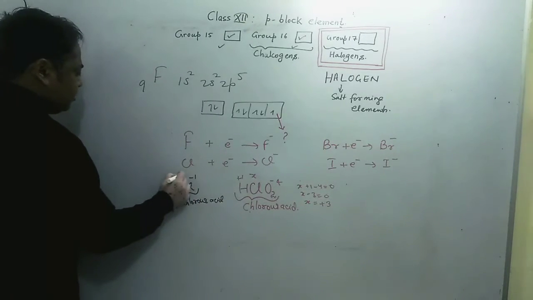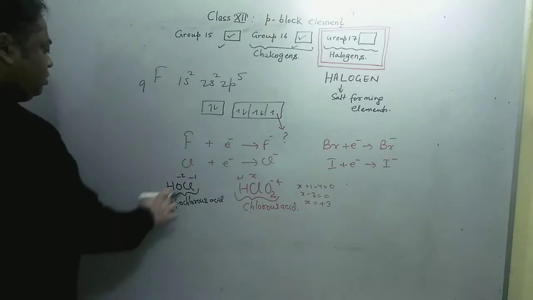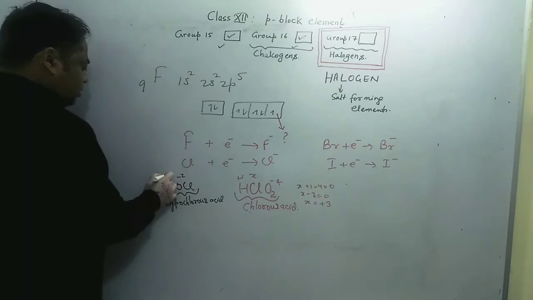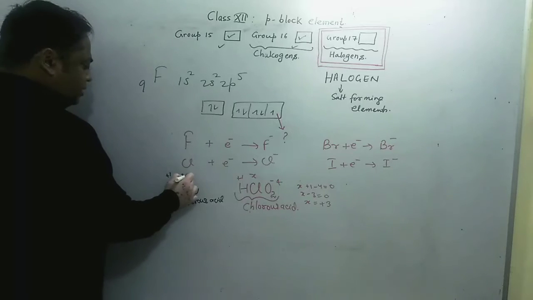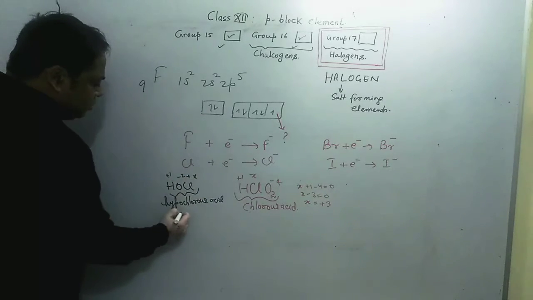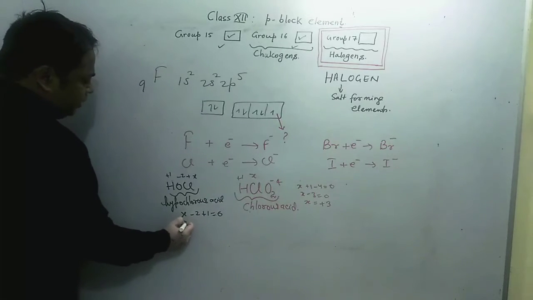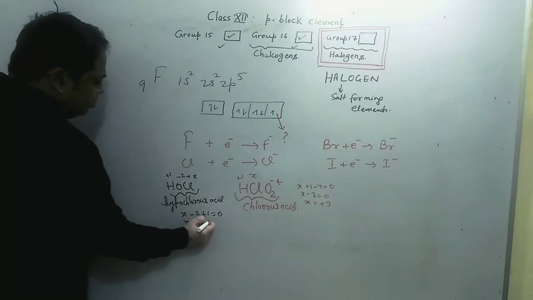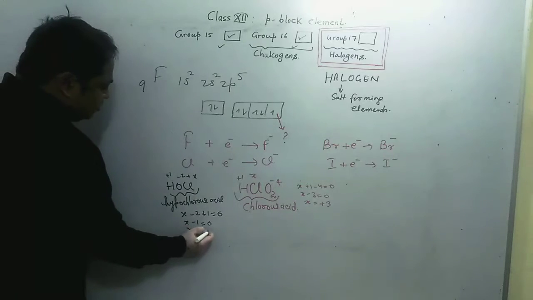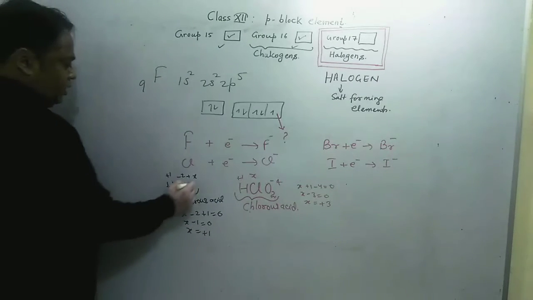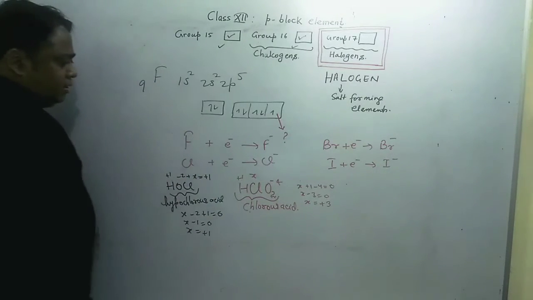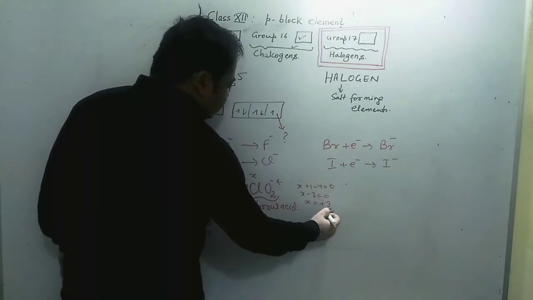This is -1, this is -2. Chlorine we will find out. This is -2, this is +1, and this is x. So x minus 2 plus 1 is equal to 0. So x minus 1 is equal to 0, and here x is equal to +1. So here you see it is in +1 state. Here it is in +3 state.